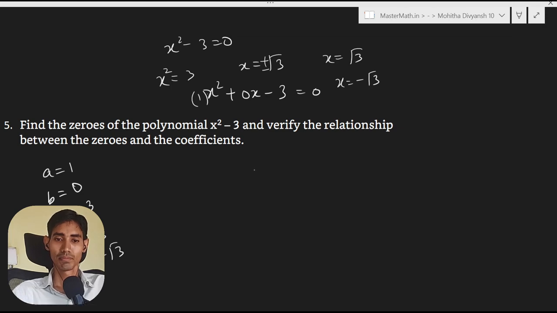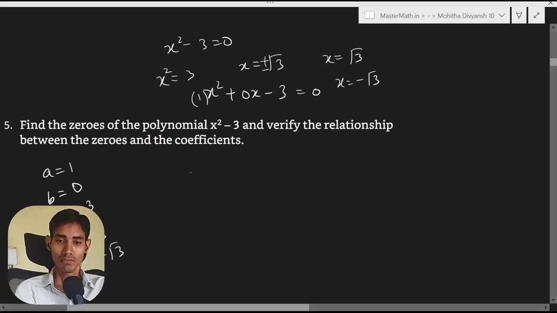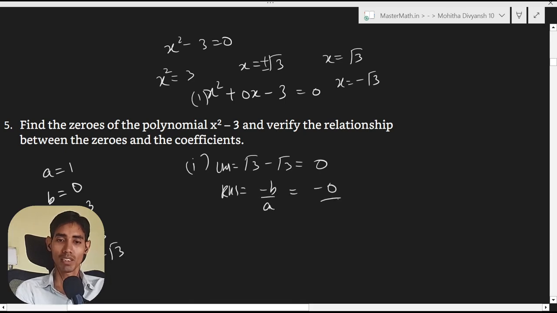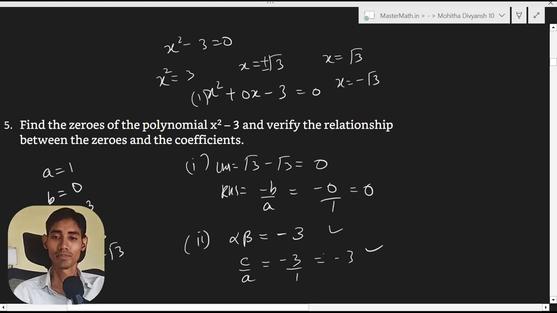First relationship: alpha plus beta is root 3 minus root 3, which is equal to 0, and the right-hand side is minus b by a, which is minus 0 by 1, which is 0. Second is alpha beta. Alpha beta is root 3 into negative root 3, which is negative 3, and c by a is minus 3 by 1.